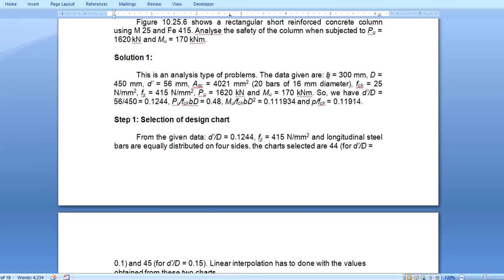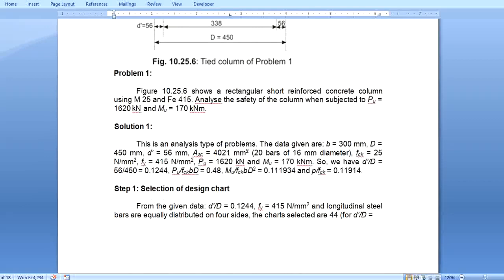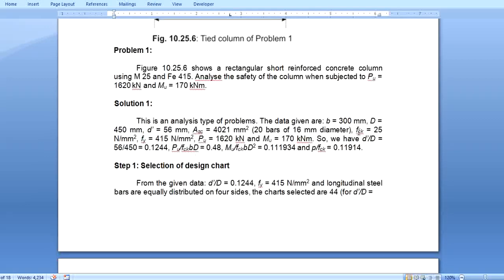The data given are: B is equal to 300 mm, D is equal to 450 mm, D dash is equal to 56 mm, area of steel is equal to 4021 mm square. They have given 20 bars of 16 mm diameter, 16 T meaning Tor steel, so the area of steel will be 4021 mm square.